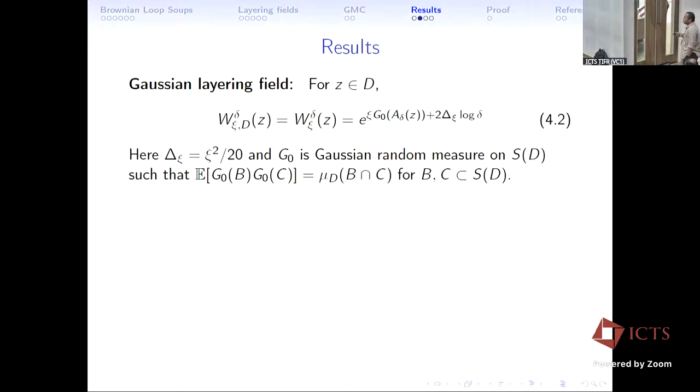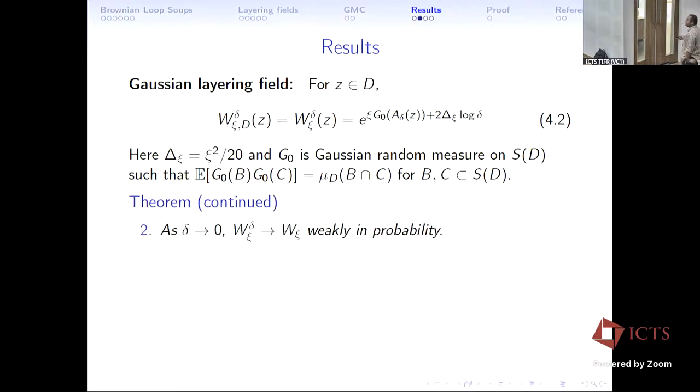And psi is just a number, and W_delta has the structure of an exponential martingale. So the second statement of the theorem is that W_delta^psi also has a limit, which I'm going to call W^psi, as I remove my cutoffs delta.